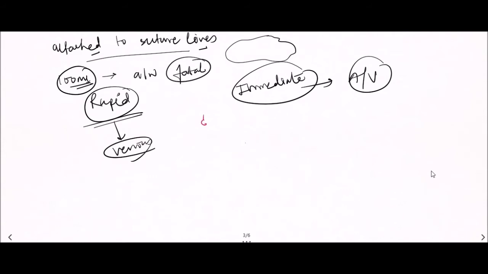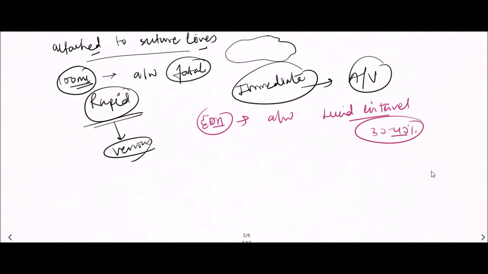Now extradural hemorrhage is associated with something known as the lucid interval in about 30 to 40% of cases. But the lucid interval is not seen if the injury is very severe.